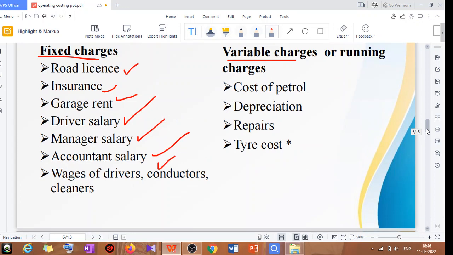Then we have variable charges, also called running charges, that is cost of petrol, depreciation and repairs. Tire cost, I put a star mark here. Some books have taken it under fixed charges, some under variable charges. So wherever you write the tire cost, make a necessary note. Fixed charges will remain the same, but variable charges depend on the usage.